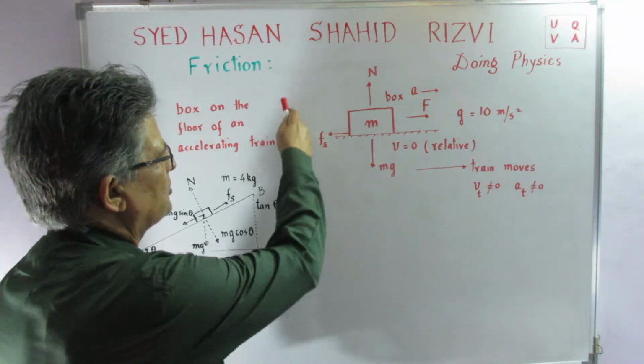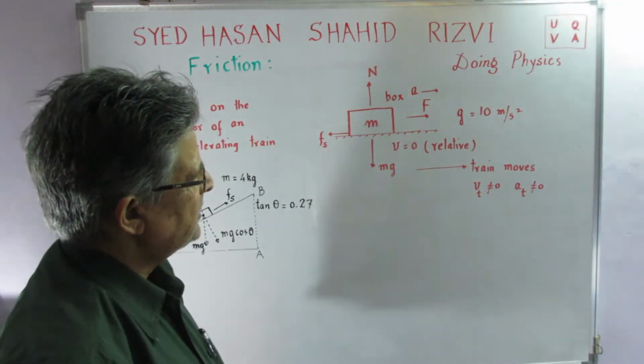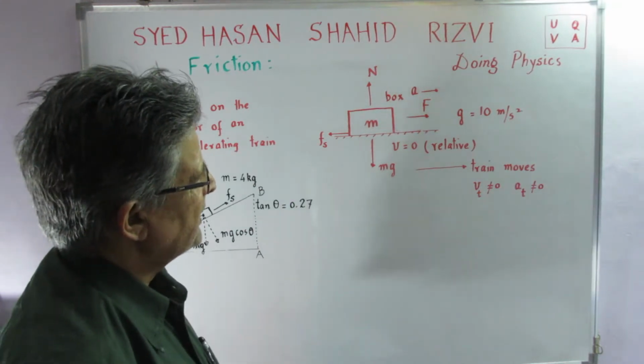Then the box will go to the rear end of the train compartment and hit the wall over there.